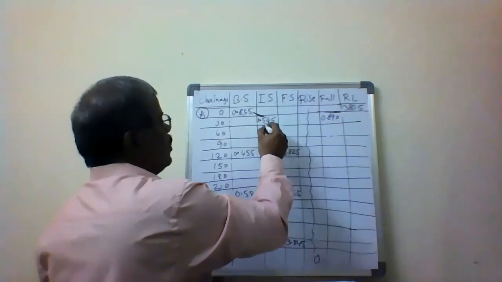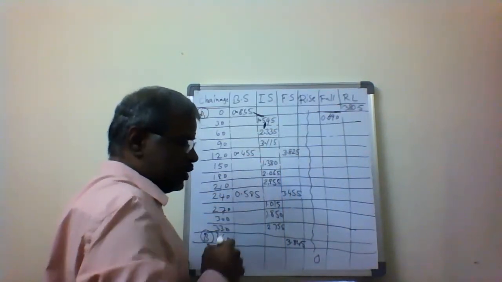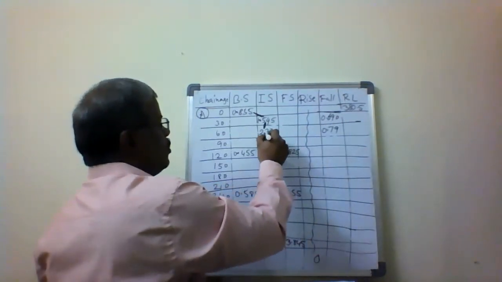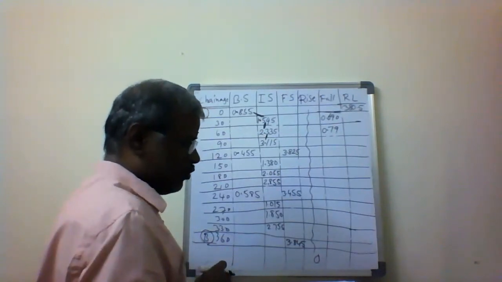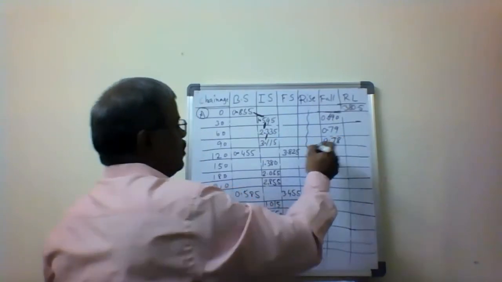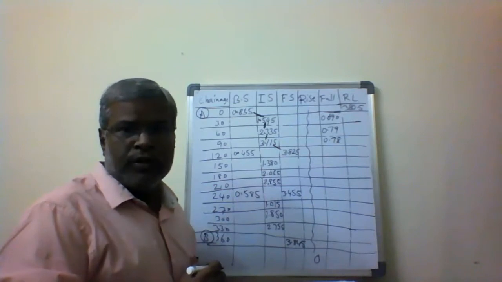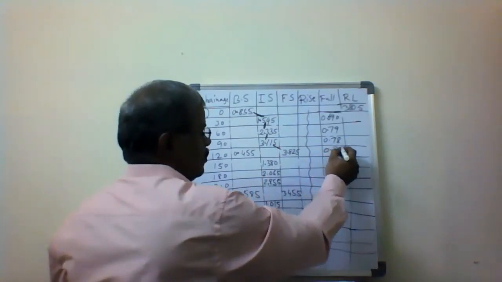Then we compare the next two: 1.545 minus 2.335 is 0.79 fall, 2.335 minus 3.115 is also a fall, 0.78, and 3.115 and 3.825 is another fall.